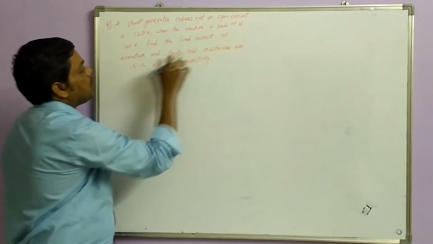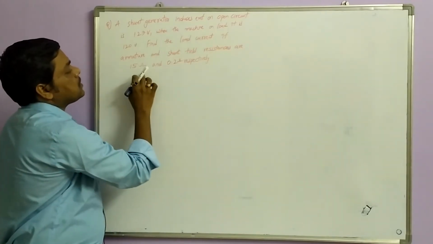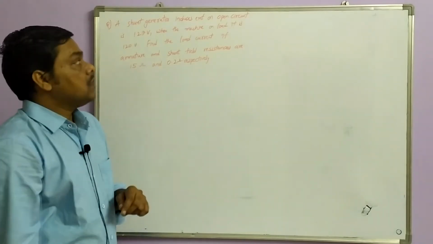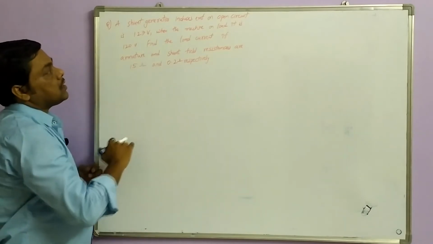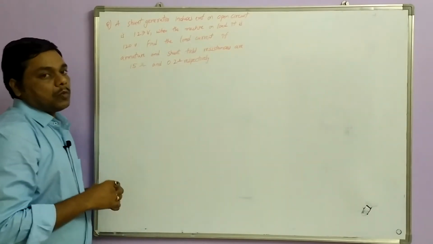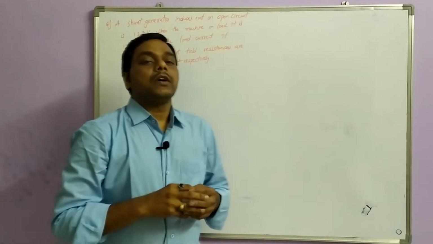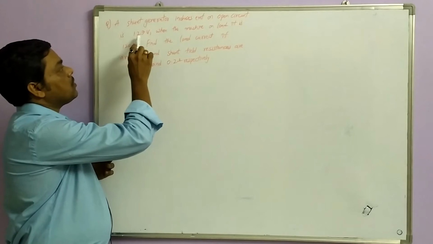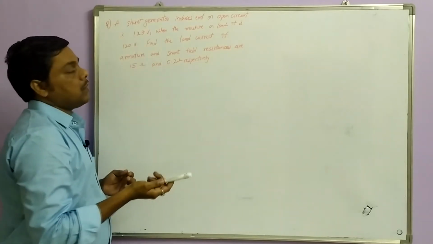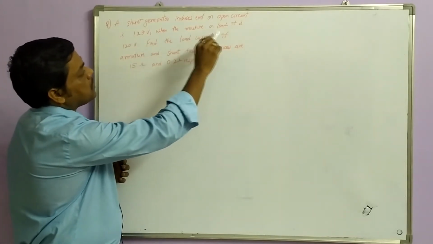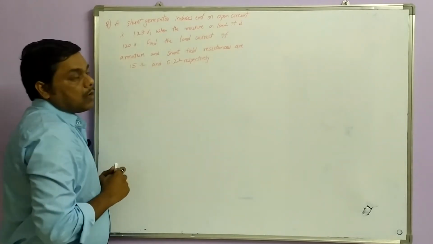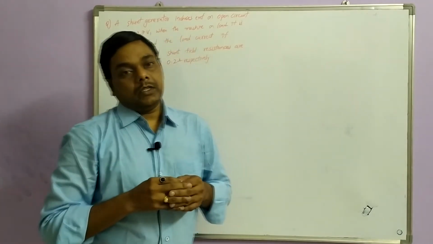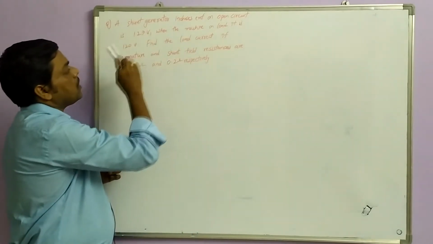Find the load current if armature and shunt field resistances are 0.2 ohms and 15 ohms respectively. Now it is a shunt generator having open circuit voltage. Open circuit voltage is nothing but the no load EMF or induced EMF. So the induced EMF is 127 volts, nothing but generated EMF, and when the machine runs at load, the terminal voltage is 120 volts, nothing but the load voltage.